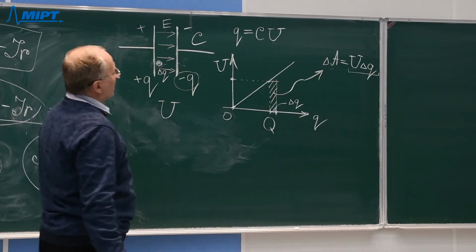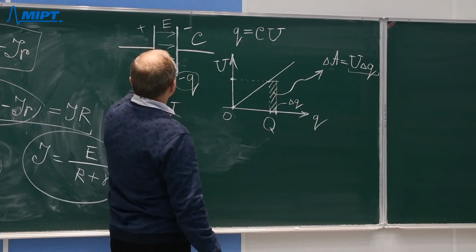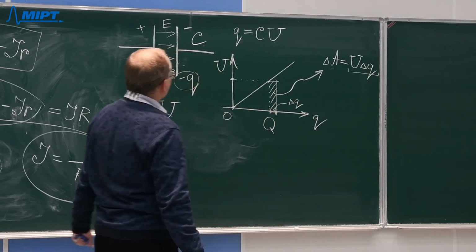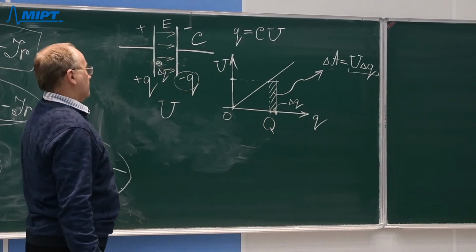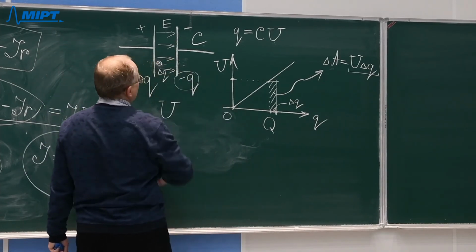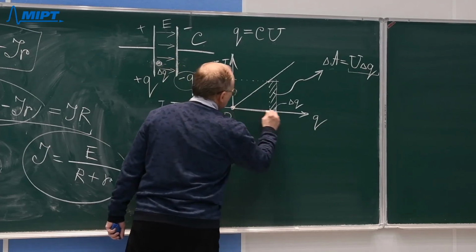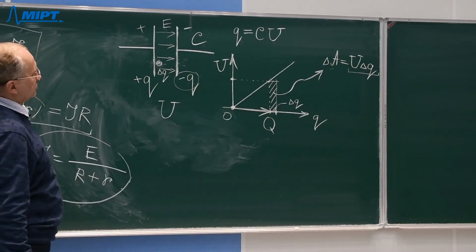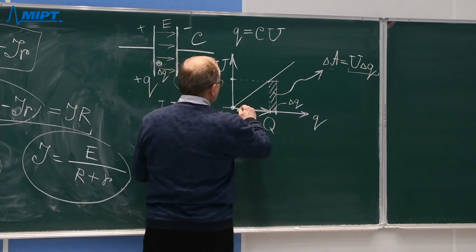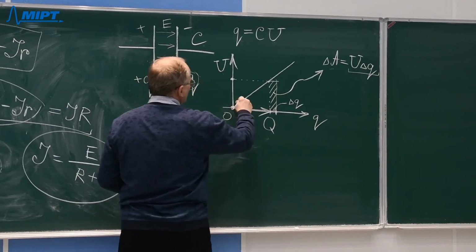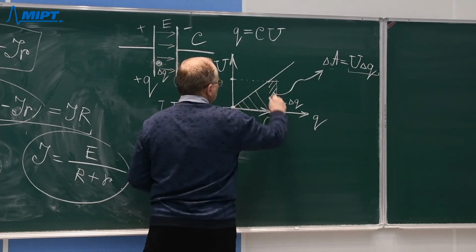That is the work produced if we increase the charge of the capacitor by a small amount delta Q. But we may ask a question: what work is required to increase the charge of the capacitor from 0 to this large quantity, capital Q? Obviously, the work needed to charge the capacitor from 0 will be given by the area of this figure.